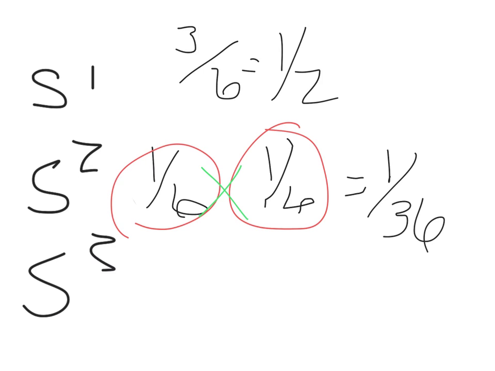Let's see. I think we have, okay, one more to take a look at. Let's say you're looking to roll a 1 or a 2 on a number cube, okay? So a 1 or a 2, either one, would give you 2 out of 6. That's your probability.